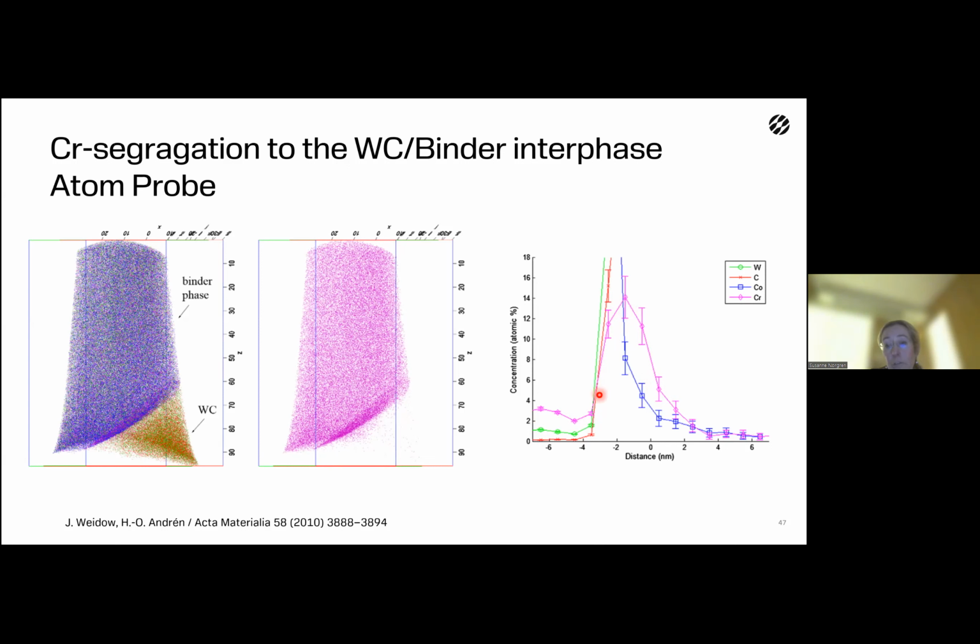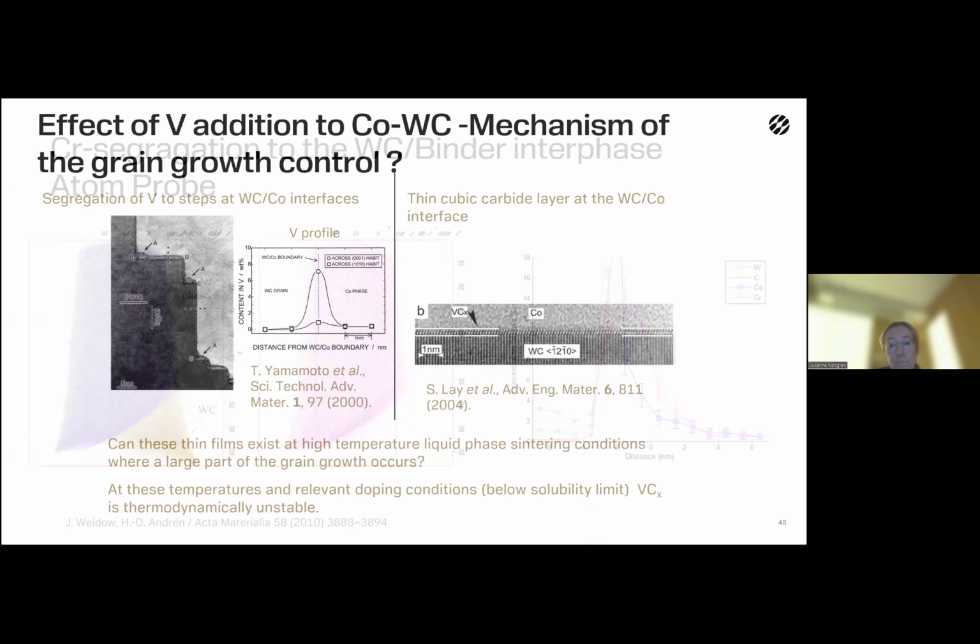And if you look carefully, you can also see that the tungsten goes up at the same time as the chromium goes up, which means that this chromium layer is, as we saw in the TEM images, growing epitaxially on the tungsten carbide crystal. So it is a mixed tungsten chromium carbide at the interface, because you can also see here how the carbon goes up at the interface.